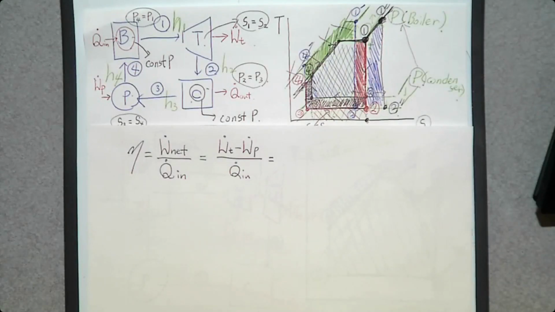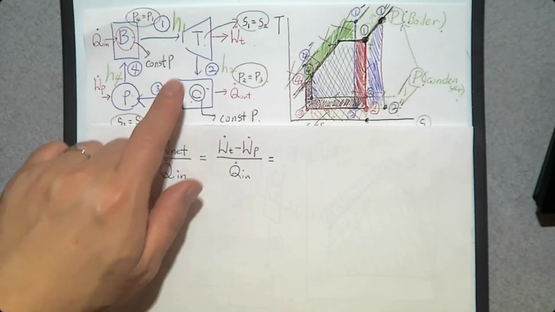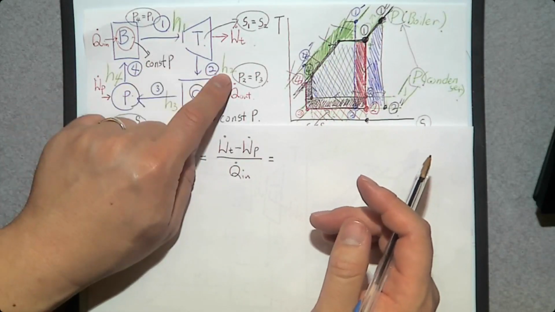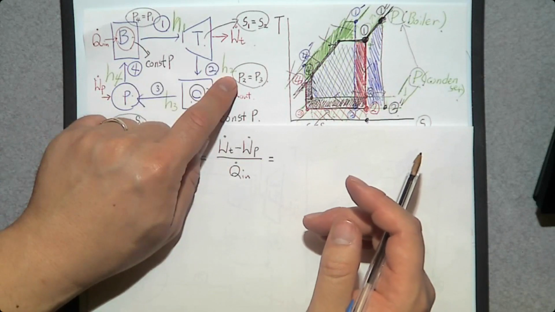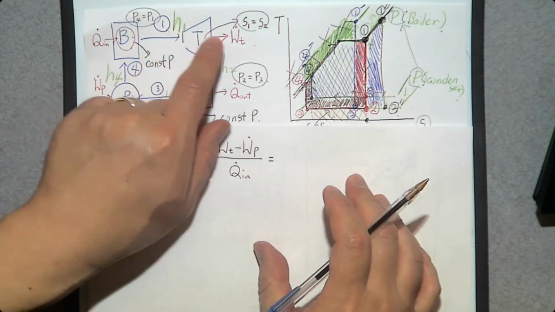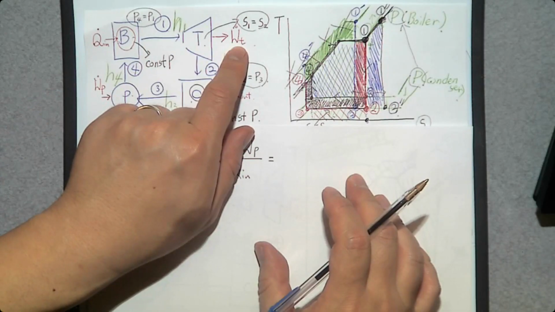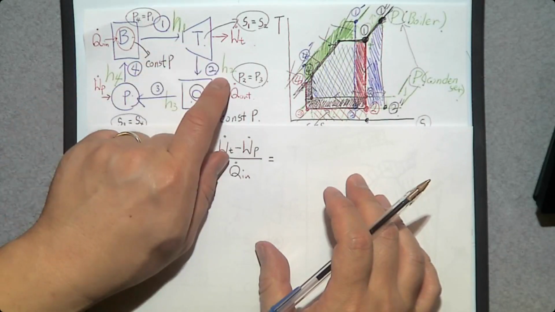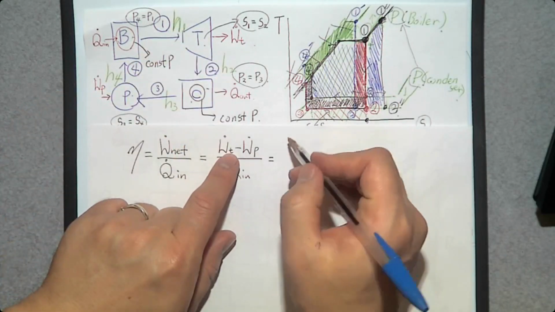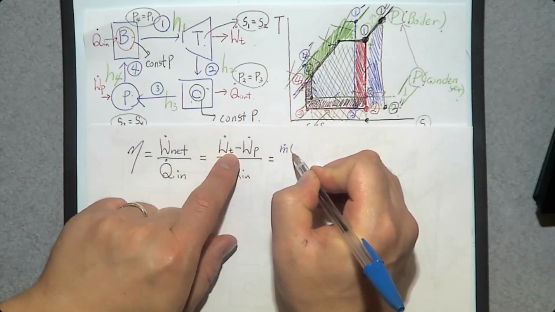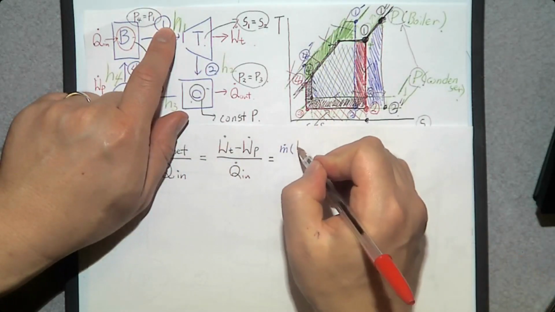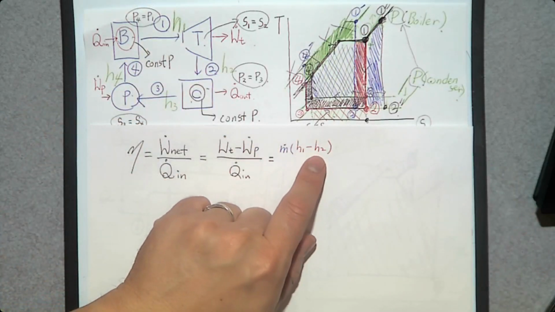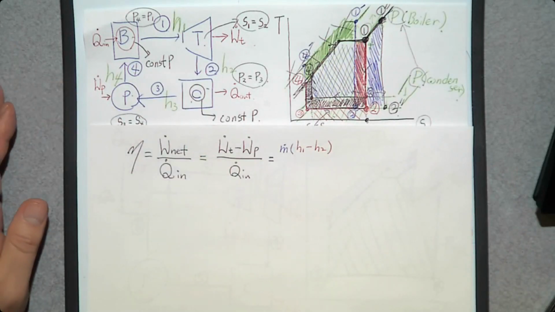How do we determine that? Simple. There is a turbine, inlet is H1, exit is H2. Between H1 and H2, which one is greater than the other? Out of H1, we produce turbine power, so the leftover is H2. So H1 is greater than H2. So turbine power is going to be M dot times H1 minus H2. If it is H2 minus H1, it becomes a negative value, which is incorrect, right?